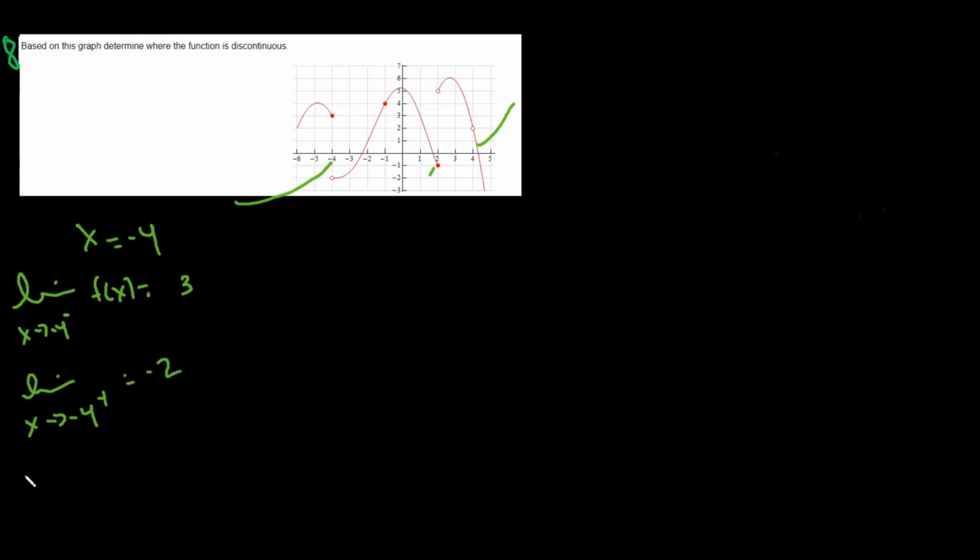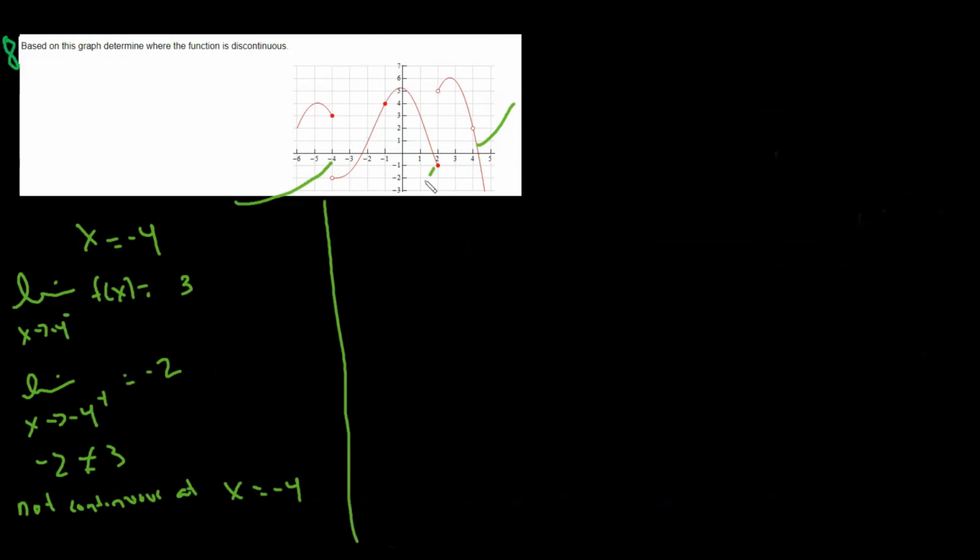So obviously -2 is not equal to 3, so not continuous at x equals -4. Let's get the next one.